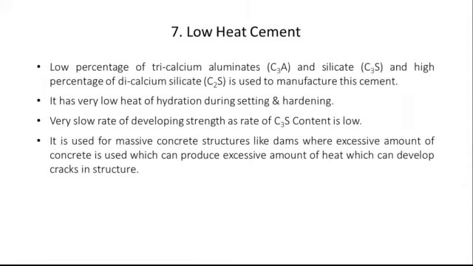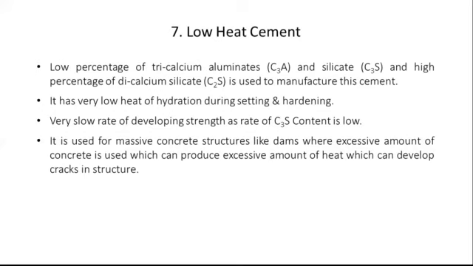Now, next is low heat cement. A low percentage of tricalcium aluminate and tricalcium silicate, and a high percentage of dicalcium silicate are used to manufacture this cement. It has a very low heat of hydration during setting and handling, and a very slow rate of developing strength, because the C3S, tricalcium silicate, content is low.